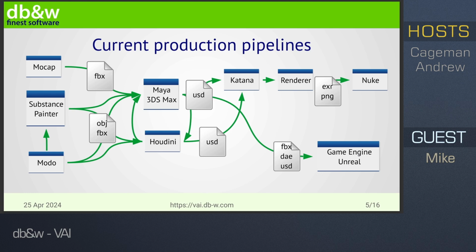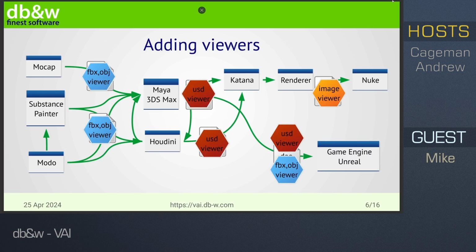USD is making big strides nowadays, but still something like FBX is being used. Sometimes it's just an OBJ. You have different formats, or an Alembic file, depending on the use. The problem is that you don't have one single application that allows you to view your intermediate files.